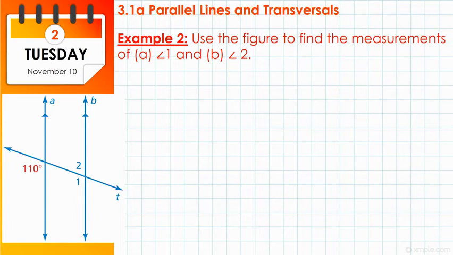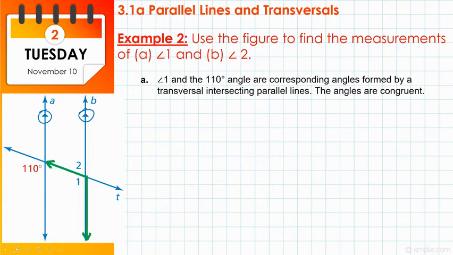So example 2, use the figure to find the measurements of angle 1 and angle 2. So again, we see parallel lines cut by a transversal. So angle 1 and 110 are corresponding angles. We know that they're corresponding.